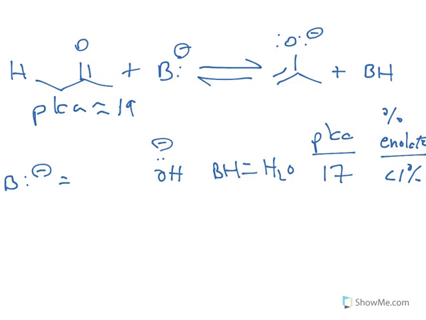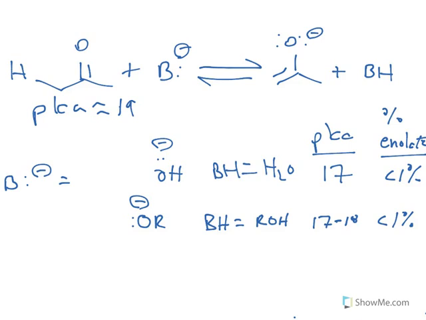What if we looked at alkoxides, our B minus being alkoxy? So we're going to look at an alkoxy group. The conjugate acid of an alkoxy is an alcohol. Alcohols have pKa values of around 17 to 18, depending on the value of R. So they are effectively just as good as hydroxide.